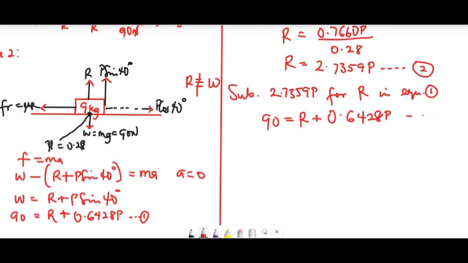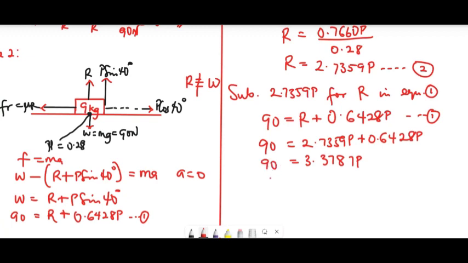So bringing this into this, I'll have 90 equals 2.7359P plus 0.6428P. So I have 2.7359 plus 0.6428, that's 3.3787P equals 90. So P would be equal to 90 over this.